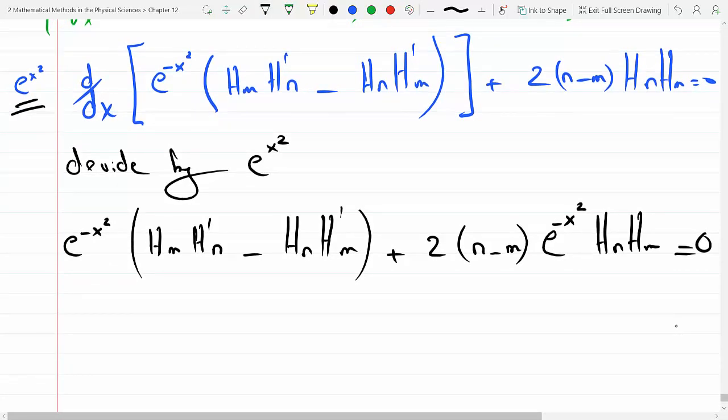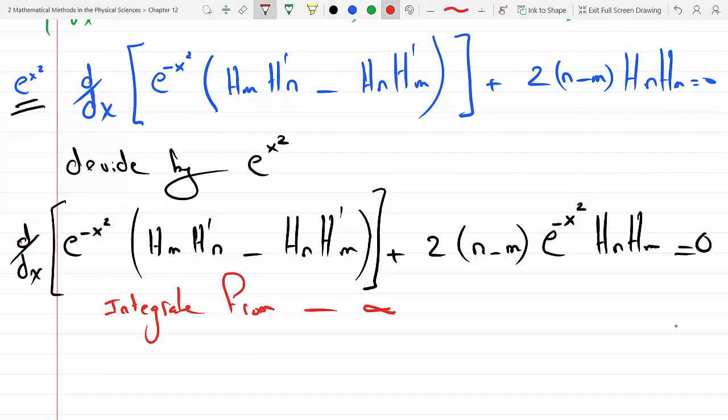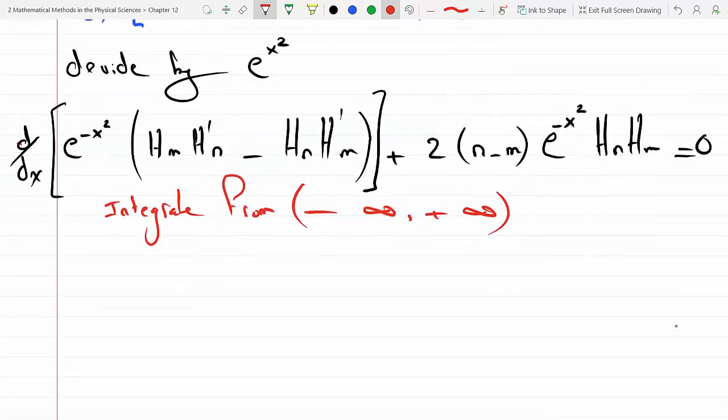Okay, and now I'm just going to integrate this equation from minus infinity to plus infinity. Wait, I forgot d over dx here. Yeah, there's a d over dx here of this. Okay, so integrate from minus infinity to plus infinity. And as you know from the fundamental theorem of calculus, let me show you so I can skip a step here.